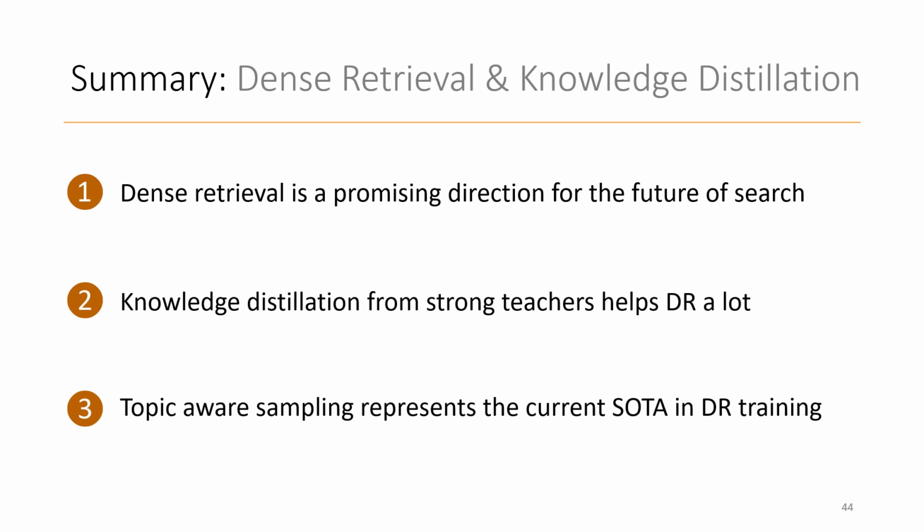Knowledge distillation is a key to improve dense retrieval models, where a strong teacher model helps the dense retrieval model to train better. And then finally, our topic-aware sampling approach represents the current state of the art in dense retrieval training, both for in-domain results as well as zero-shot transfer learning results.